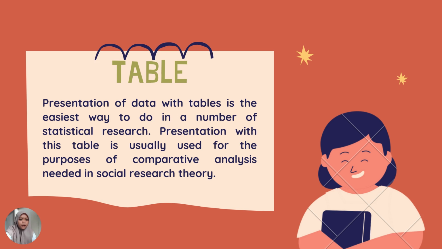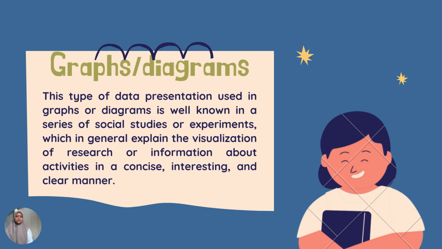The first is table. Table presentation of data with tables, with the x and y axes, is done in a number of statistical researches. Presentation with a table is usually used for comparative analysis needed in social research theory. The second is graphs or diagrams.